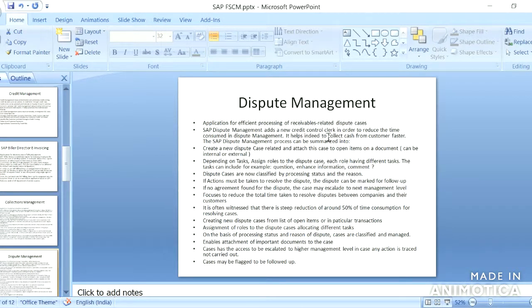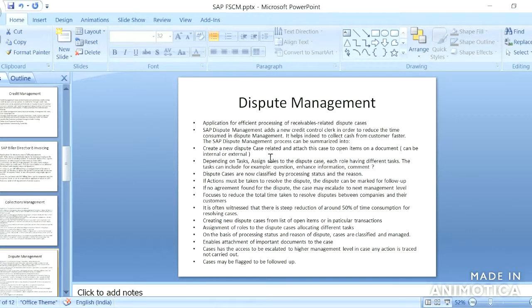It helps indeed to collect cash from customers faster. The SAP dispute management process can be summarized. So, what is the process? They have to reduce the time in dispute management, or otherwise it will keep on adding days and the payment will get delayed. So, let us see what the steps are.